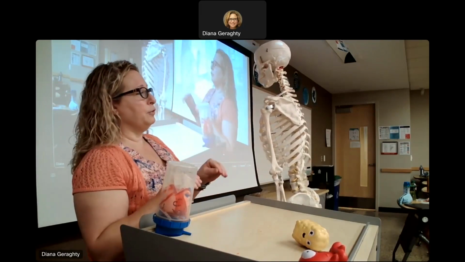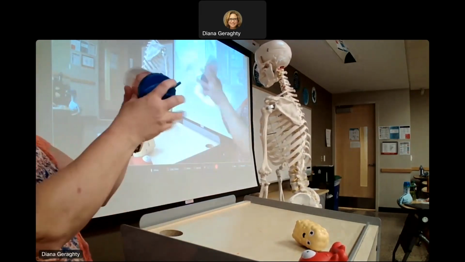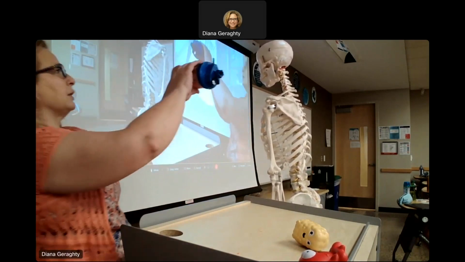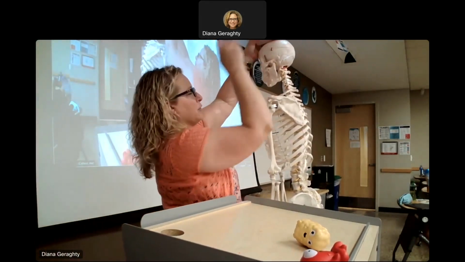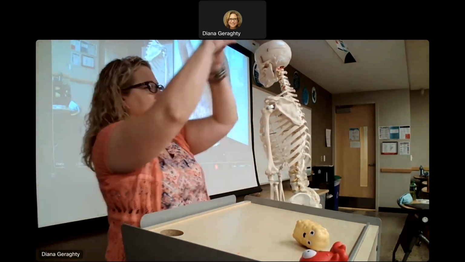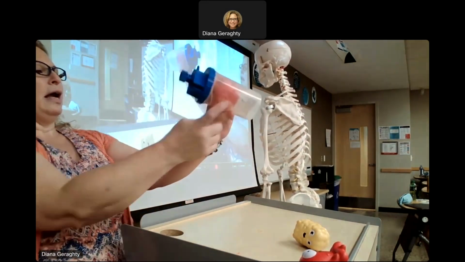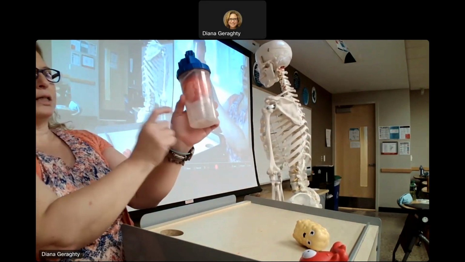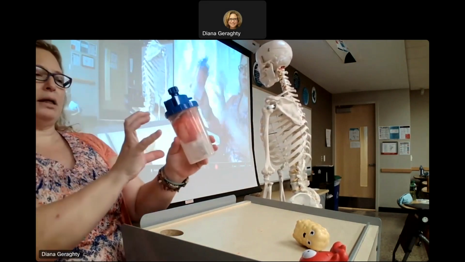So all of neuro is involved in keeping the pressure inside the skull under control. If I opened him up and dropped that in here, that would be basically, we just took his skull and took it out here. And we have our brain and our blood and our CSF. We want to keep those balanced.